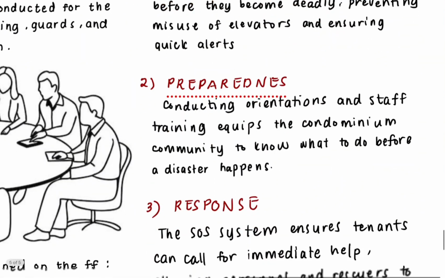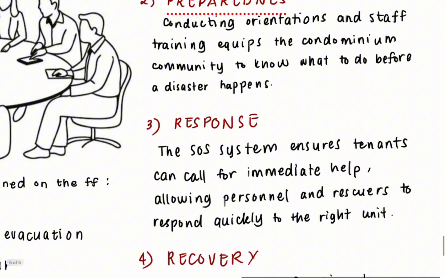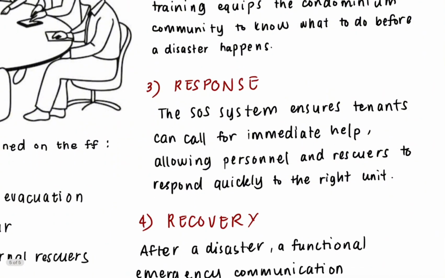Preparedness. So conducting orientations and staff training equips the condominium community to know what to do before a disaster happens. And as well as response. The SOS system ensures tenants can call for immediate help, allowing personnel and rescuers to respond quickly to the right unit.